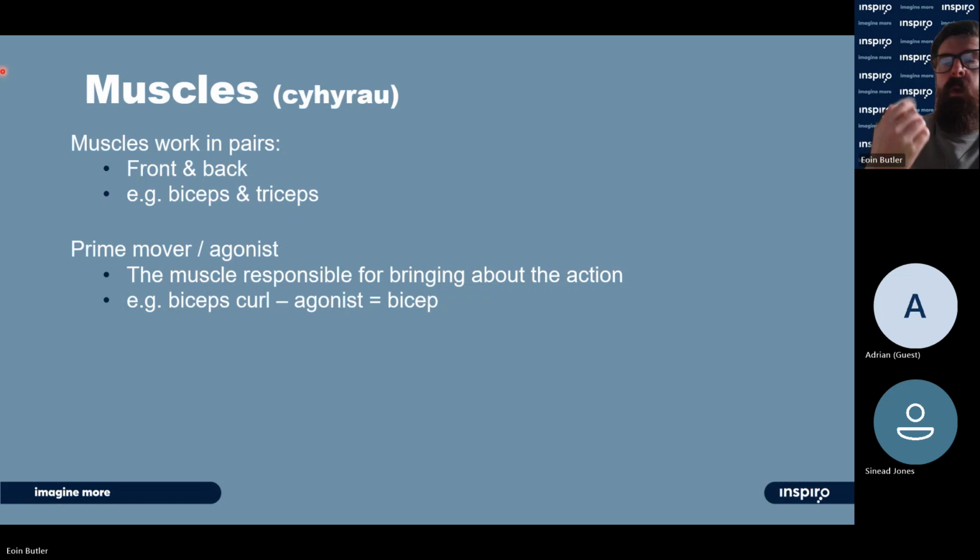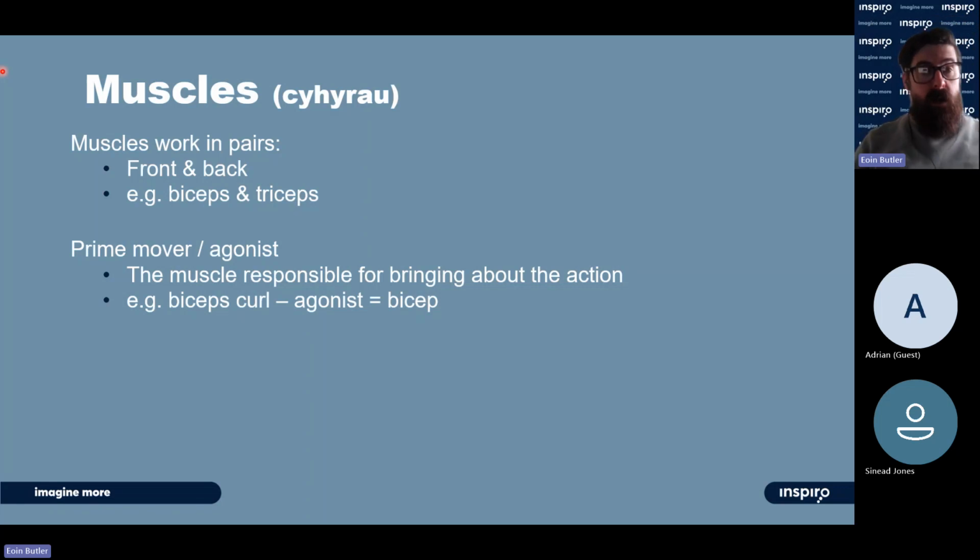When we do a chest fly, can anybody tell me what the agonist muscle would be for that? We're doing a chest fly. Pectoralis major? Good, yeah. Pectoralis major would be my agonist, my prime mover, the muscle responsible for bringing about the action.